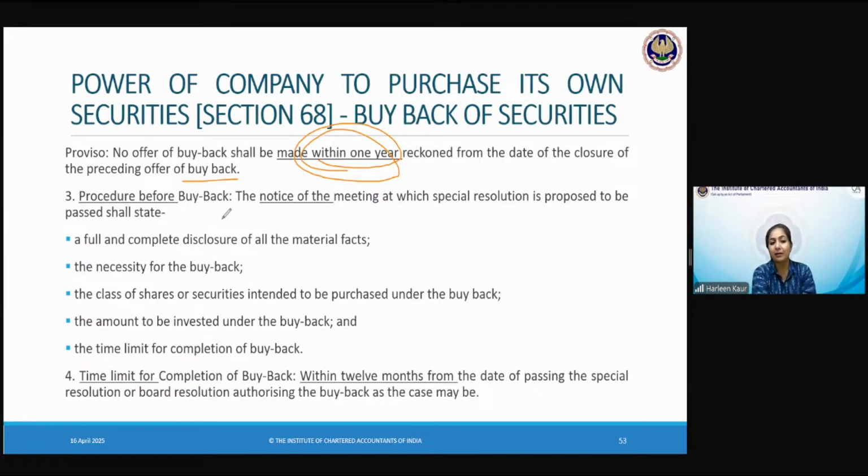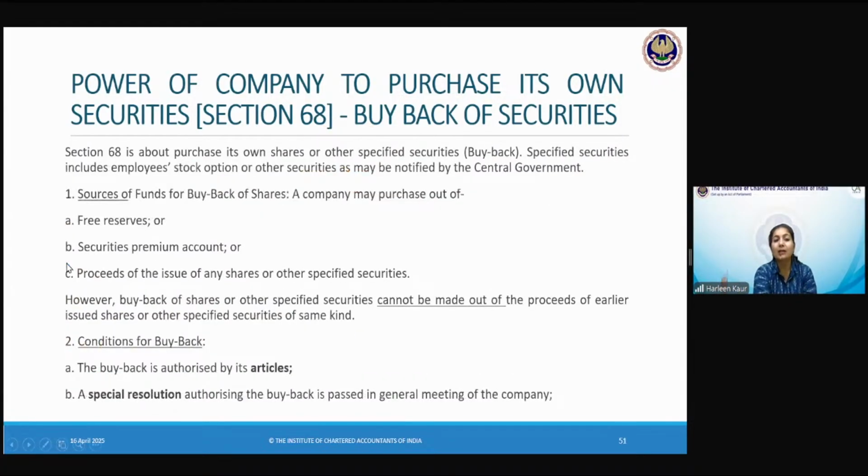This is the entire procedure that you have to follow before buyback. But let's have a quick recap for the first 2 slides that we have just done. Number 1, the buyback will be done from what all sources of funds? Quickly in the chat box.